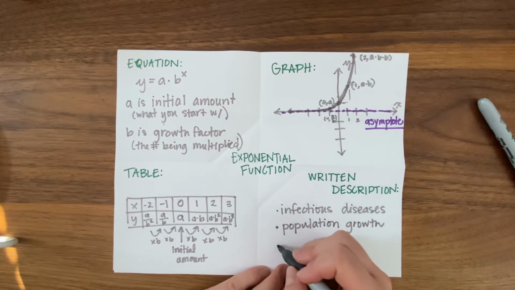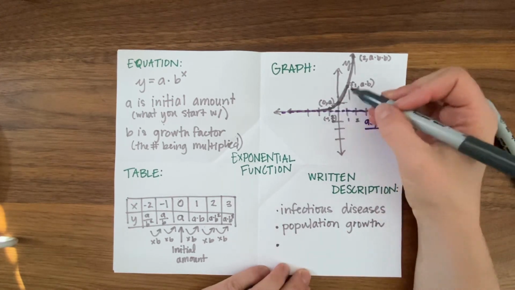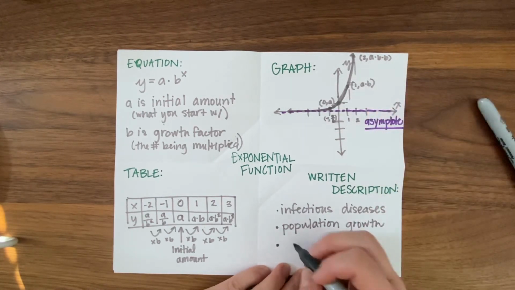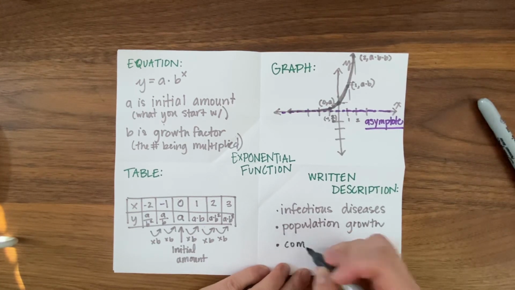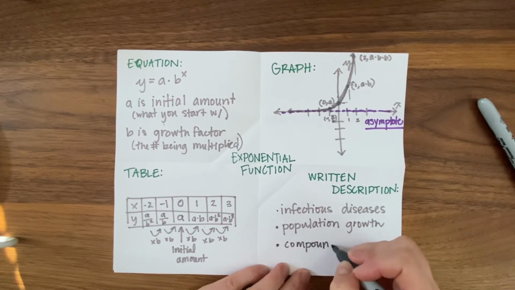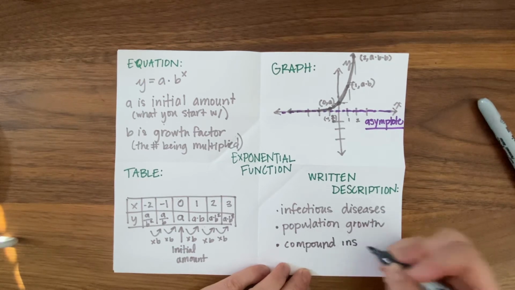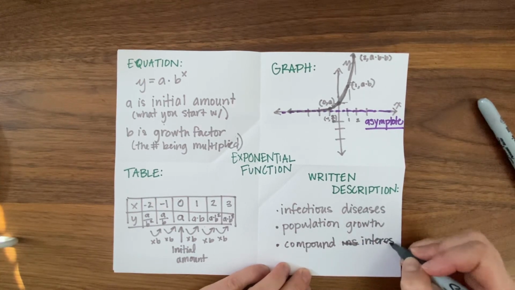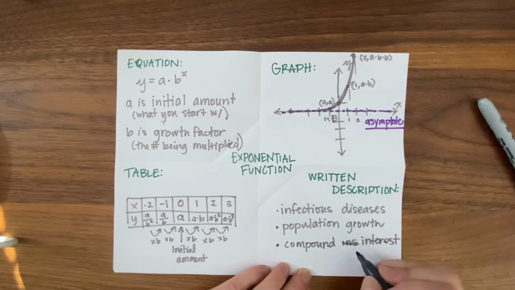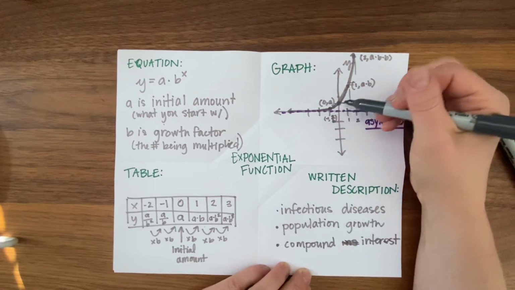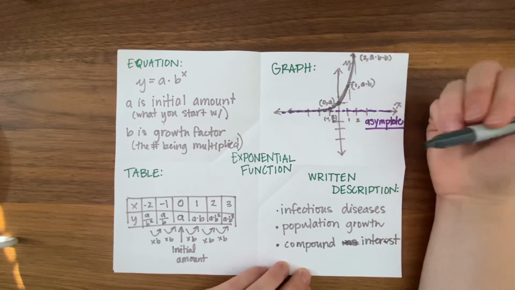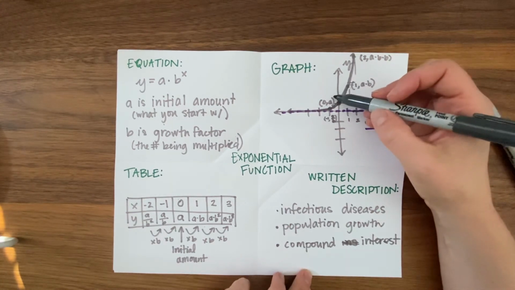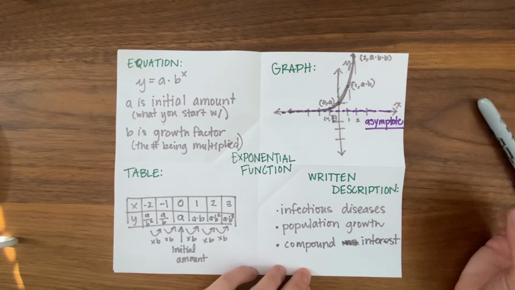We also see this kind of growth if we put our money in savings, with compound interest. Now, compound interest can work for you or against you. If you have your money in a savings account, it's working for you. If you have credit card debt, it's working against you.